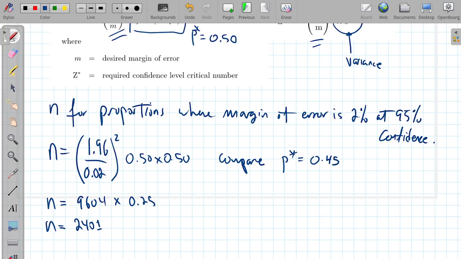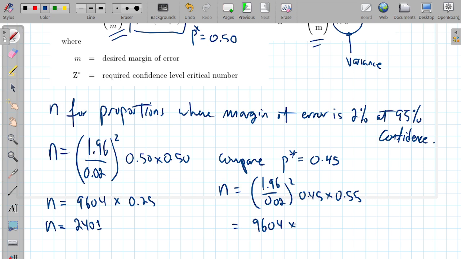Well, now we're going to have n is equal to the same thing before, 1.96 over 0.02, square that, but now we're going to have 0.45 times 0.55. So again, this is going to be 9604, but now we have something different. 0.45 times 0.55 is 0.2475, and that will give us a smaller sample size.